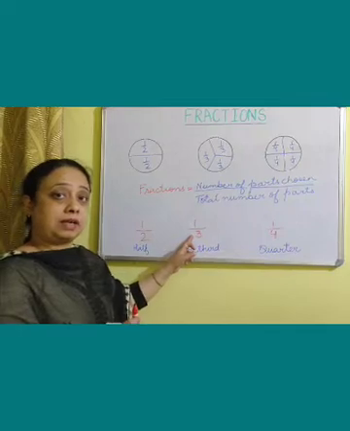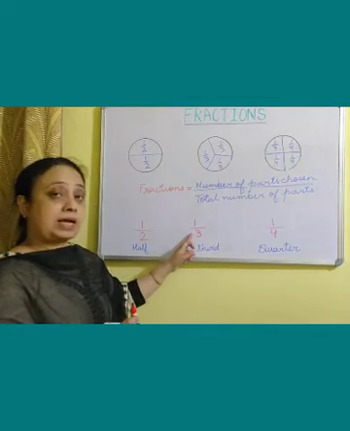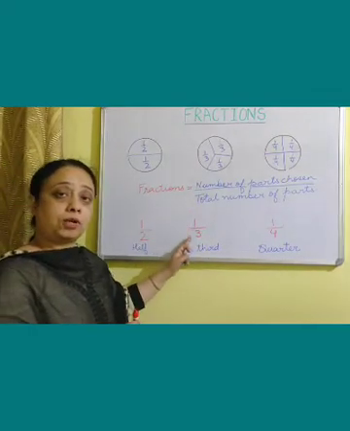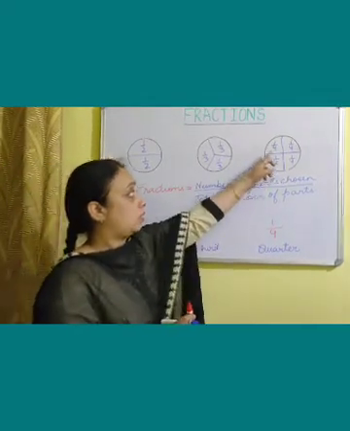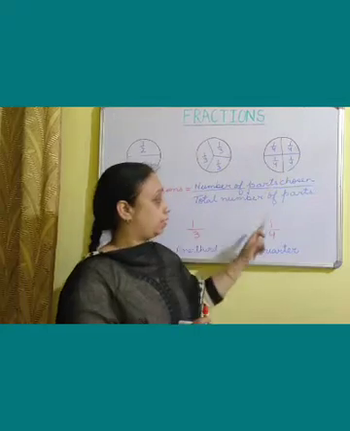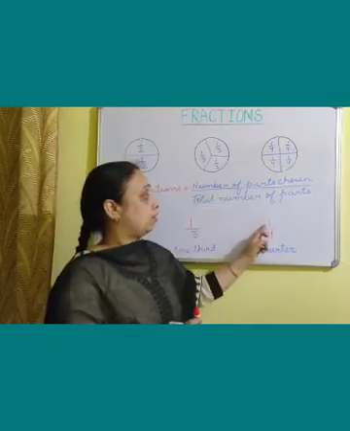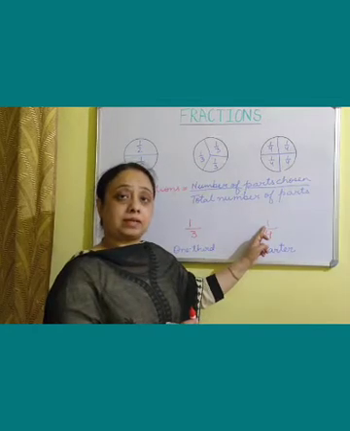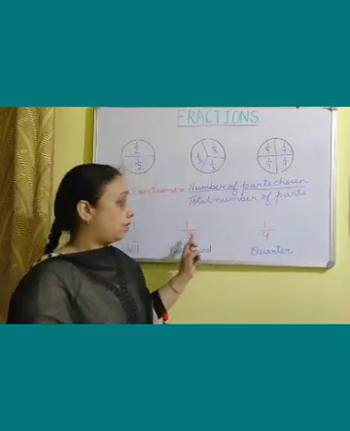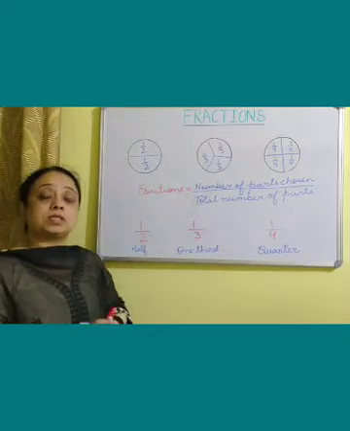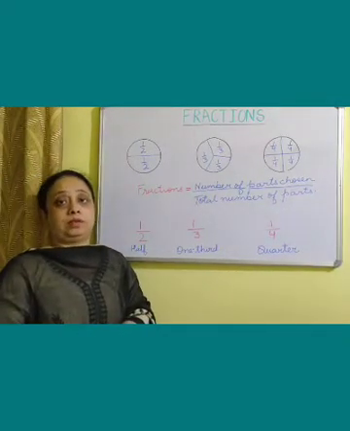We have written 3 here below the line and one part is chosen. So 1/3. Here the total number of parts we have divided is 4 equal parts and one part is here. So we have chosen one part and written 1 here. 1/4, 1/3 and 1/2. But the divisions should be equal.